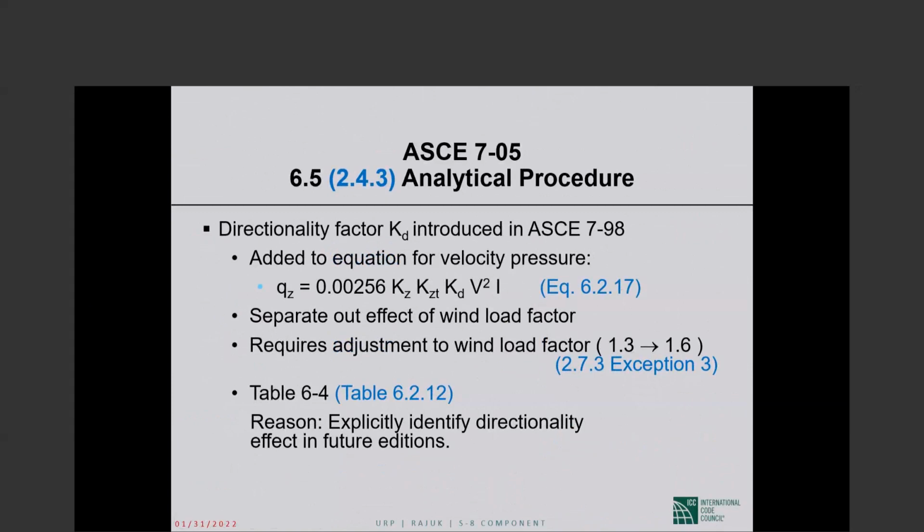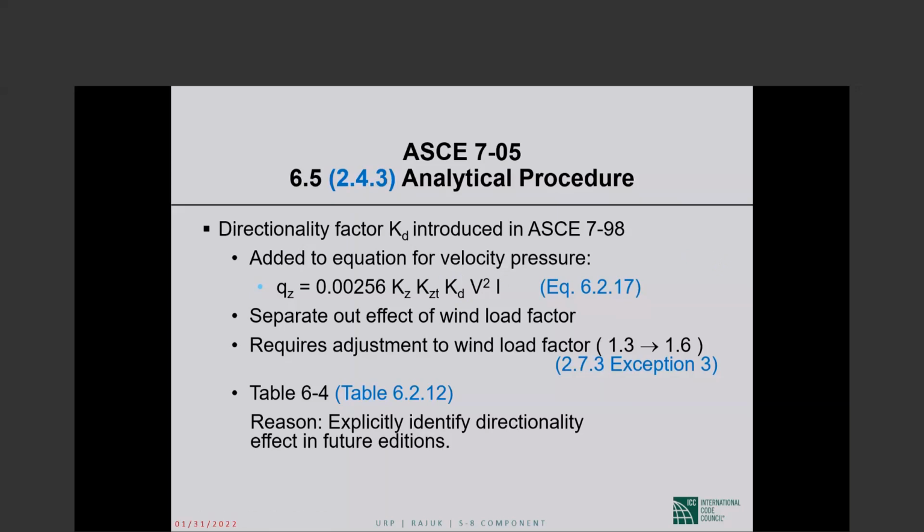In ASCE 7-98, in the expression for velocity pressure q, which is directly proportional to the wind pressure p, we introduced a directionality factor K sub D. An explicit directionality factor K sub D is now in the expression for velocity pressure due to wind.